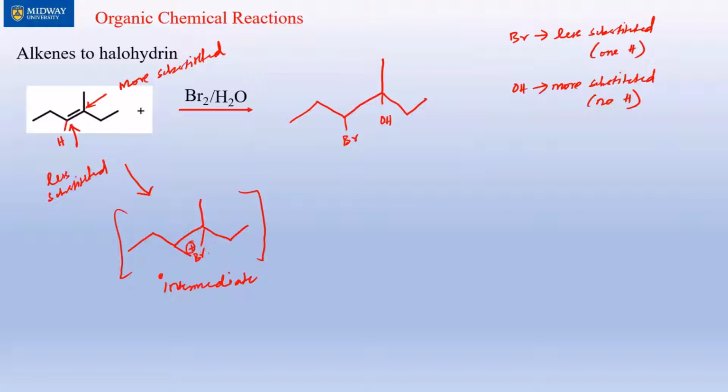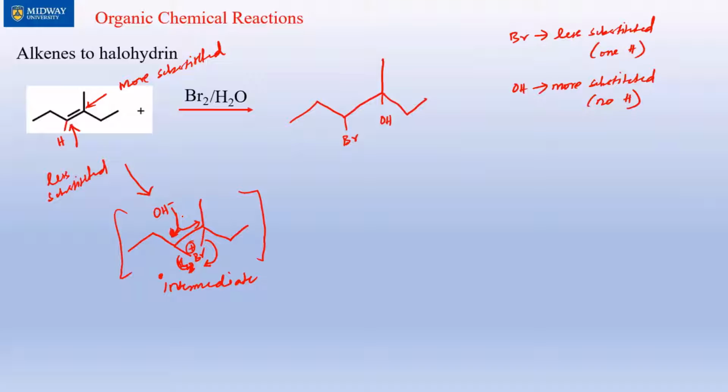Because this is plus and the other is OH, the OH minus is likely the ion attacking the ring, and it results in the ring opening. In this case, the OH minus should be attacking this carbon, and the ring opens this way, because the Br went with this carbon. Whichever side the OH minus attacks, the Br will be on the opposite side.